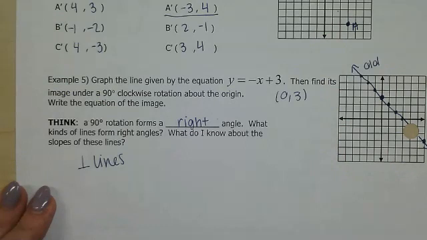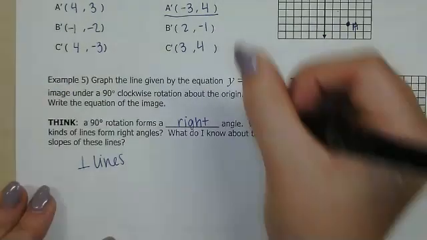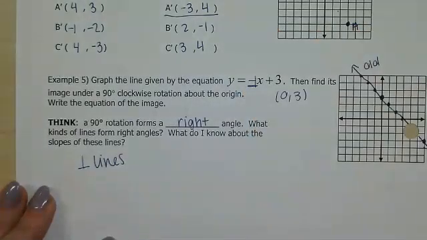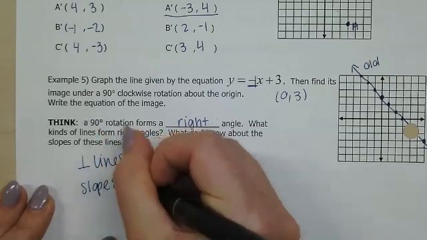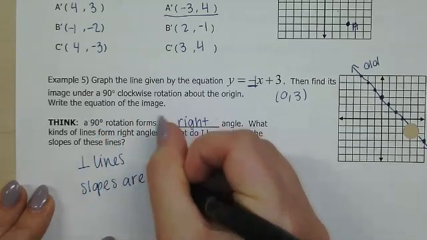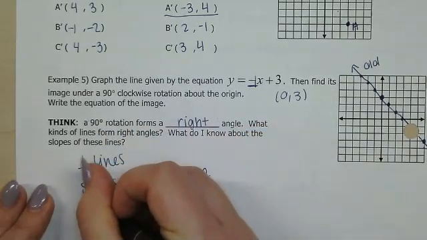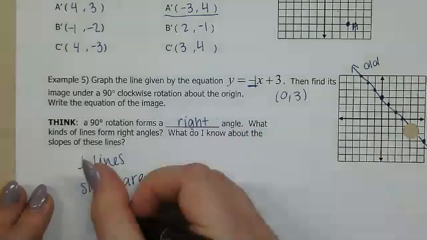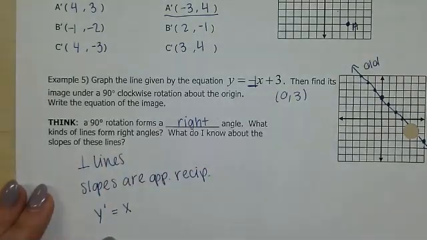Opposite reciprocal. So currently my slope is negative 1, right? So if I'm looking for an opposite reciprocal slope, what would it be? Positive 1. So my new equation, my y prime equation, would have a slope of positive 1.